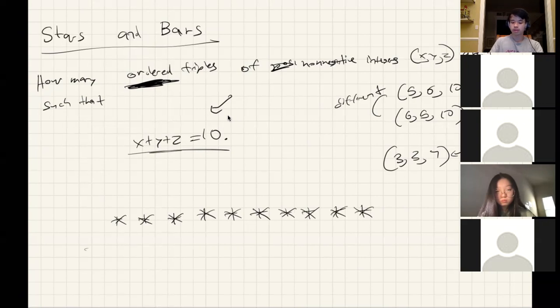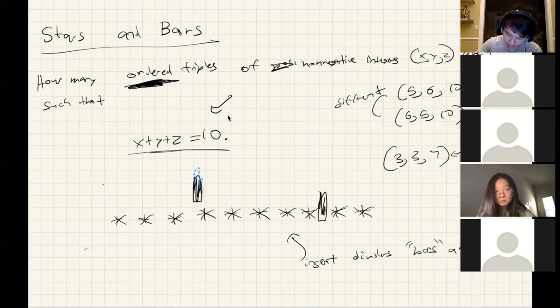And we're going to insert dividers or bars among them. So maybe a bar can go here and a bar can go here, or maybe we can have a bar going here and a bar going here, or maybe something very stupid where both bars are on the left hand side, or maybe they're here between us.